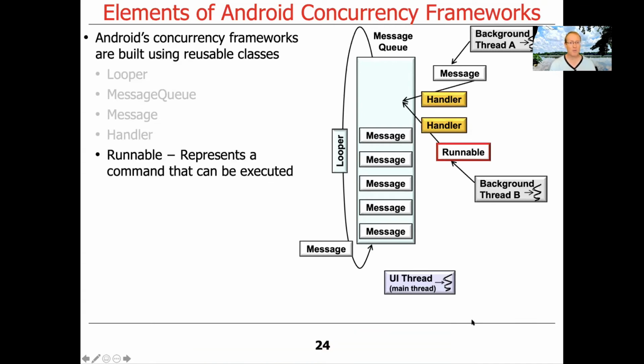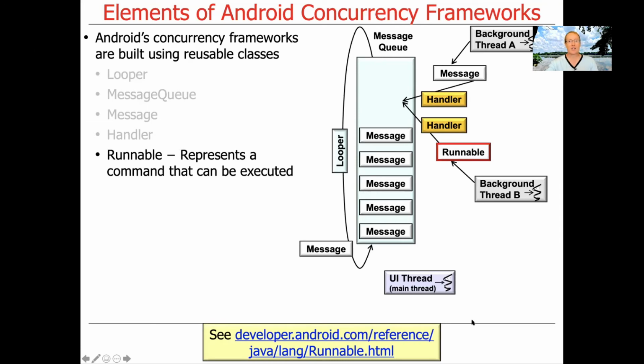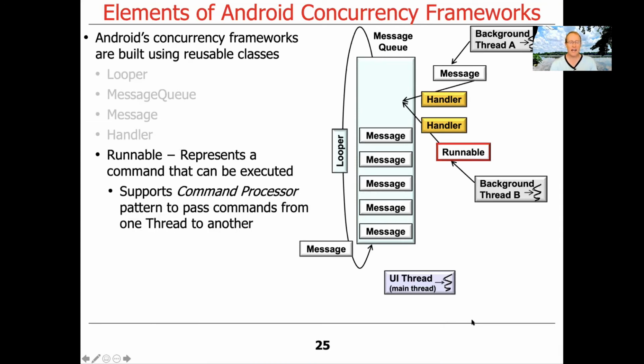I've mentioned runnable before. I think you already know what a runnable is because we've talked about it a whole bunch when we talked about threading and the executor framework. A runnable basically represents a command that can be executed. Runnable supports the command processor pattern because it passes commands that are created in one thread to a different thread where they're executed.